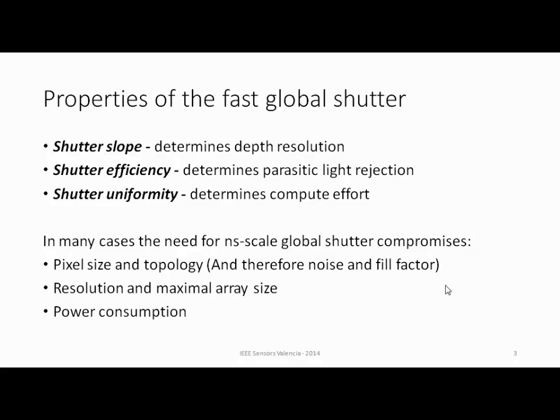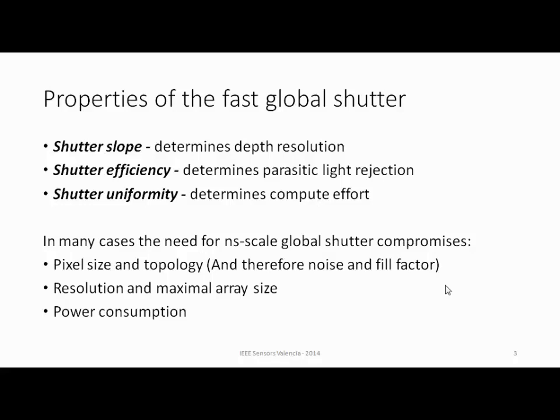The shutter efficiency, or the ability of the shutter to reject parasitic light from the scene, determines parasitic light rejection, or how we usually call it ambient light rejection. It determines my capability to work in strong ambient light environments, like in direct sunlight or in front of other illuminators.